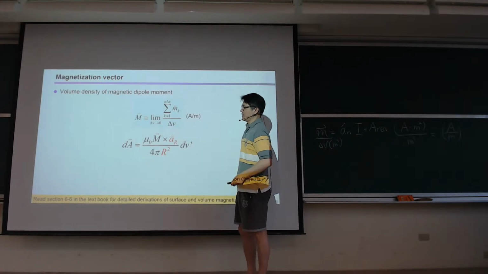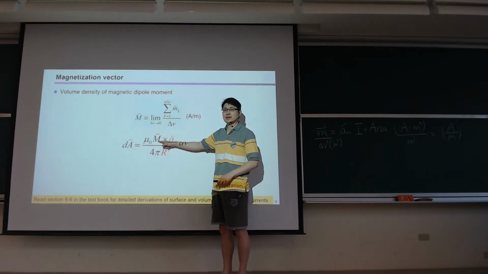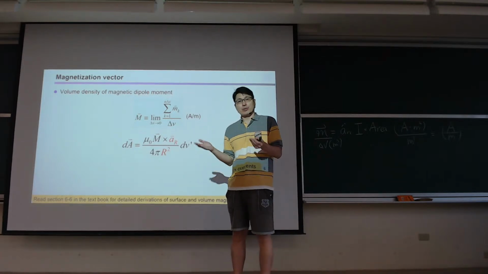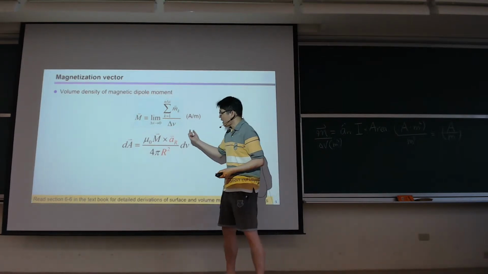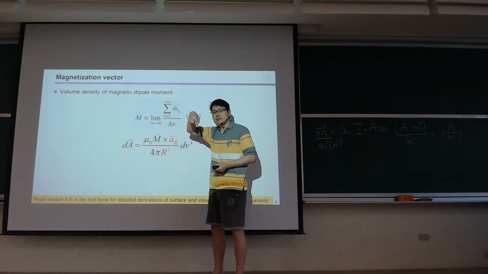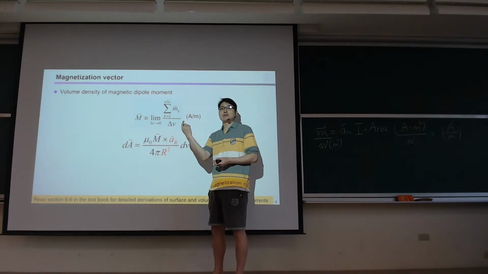If that is the case, all we have to do is replace the current density in our previous Biot-Savart derivation. If you have some current loop, all the induced magnetic dipoles will sum up to form a current loop.